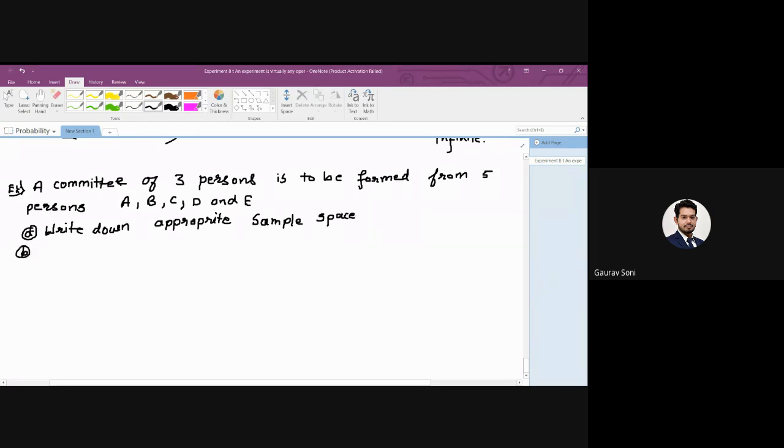B, write down the events. Event E1 is A is not selected.